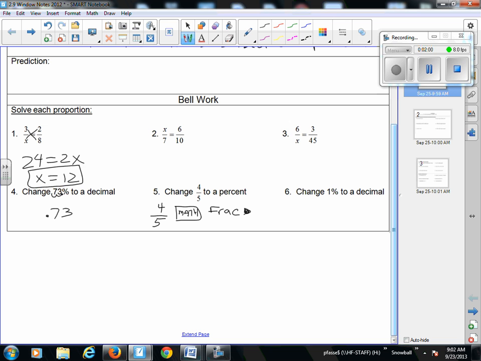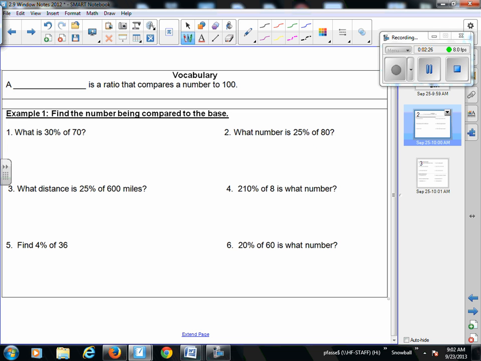And they'll go to your home screen and you hit enter again. So you hit 4/5, then math, enter, enter, and that will give you a decimal of 0.8. If they want it in percent form, that doesn't mean decimal form, so we move the decimal over twice, insert a 0, and that would be 80%. 1% to decimal, if you move the decimal place over twice, that will give us the decimal of 0.01.